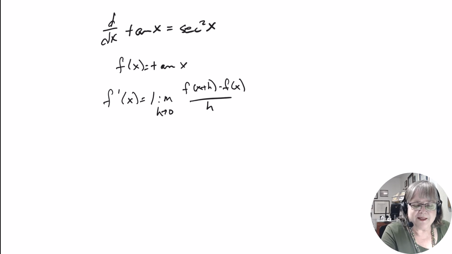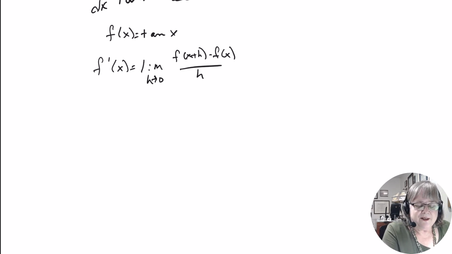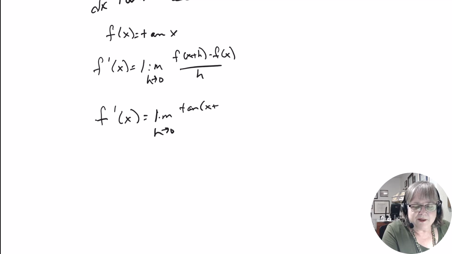So it's the limit as h goes to 0 of f of x plus h minus f of x over h. So my f prime would be the limit as h goes to 0 of tangent x plus h minus tangent x over h.